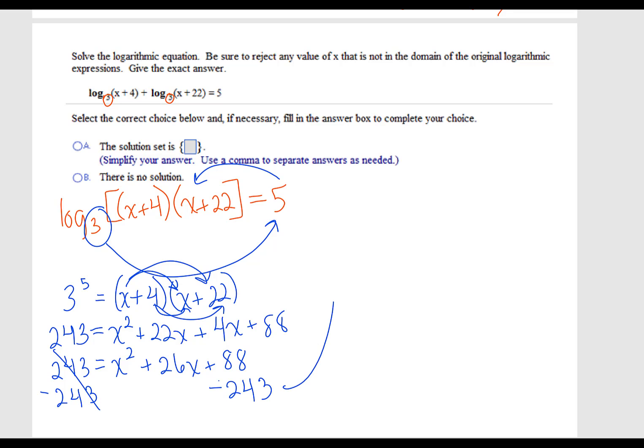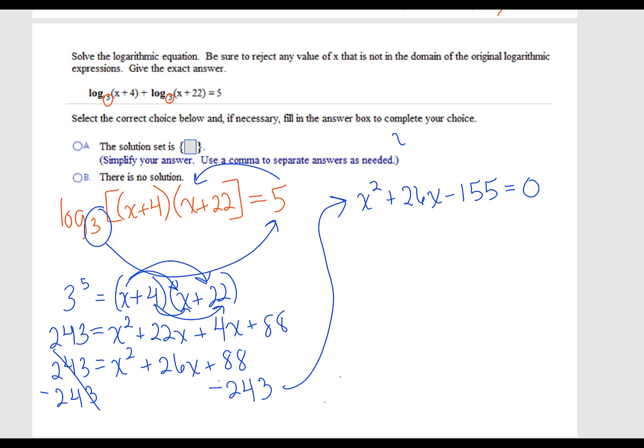We're going to go up here. Okay, now we can factor. You can use the quadratic formula. It's up to you. With these larger numbers, I'm just going to use the quadratic formula.